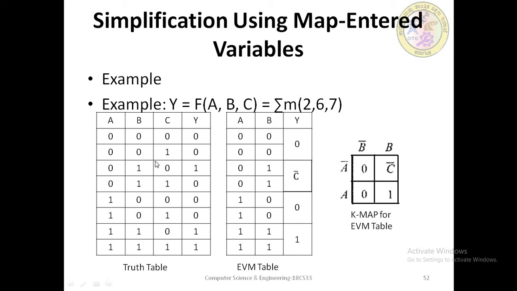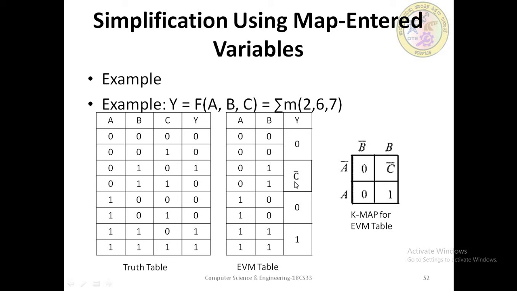Here you can see AB we are trying to keep, and how Y will be represented in terms of C. Y is 0 irrespective of C when both the inputs are 0. Here we have a 1 when C is 0, and 0 when C is 1, which means Y will always be the inverse of this one.